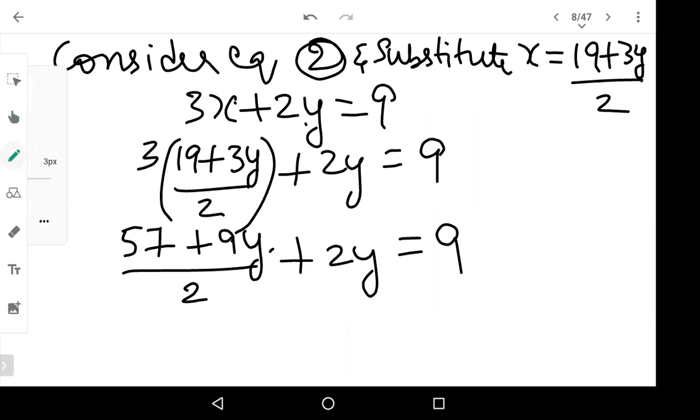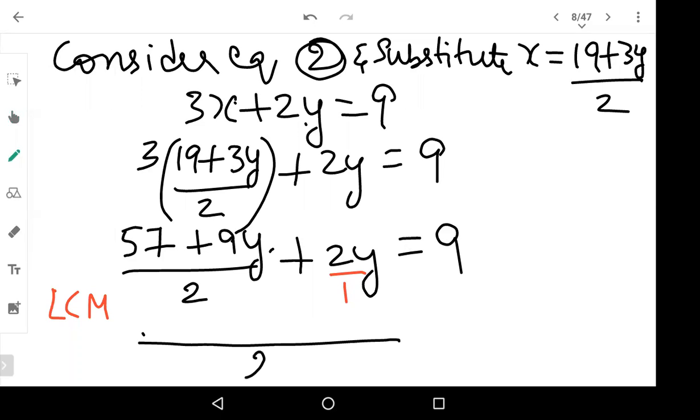So I can assume the denominator to be 1 and find the LCM. The LCM of 2 and 1 can be 2.